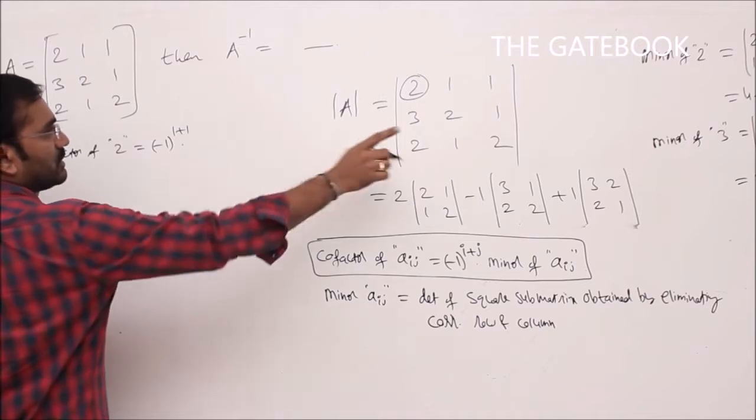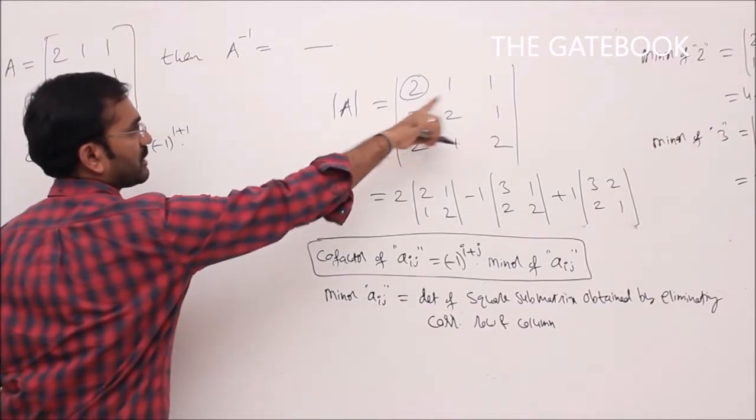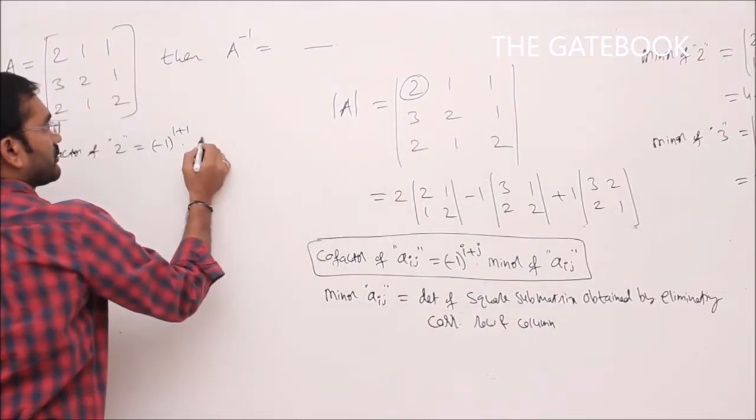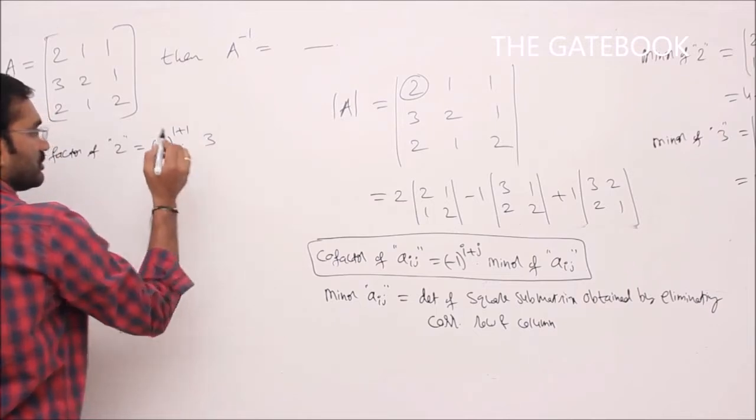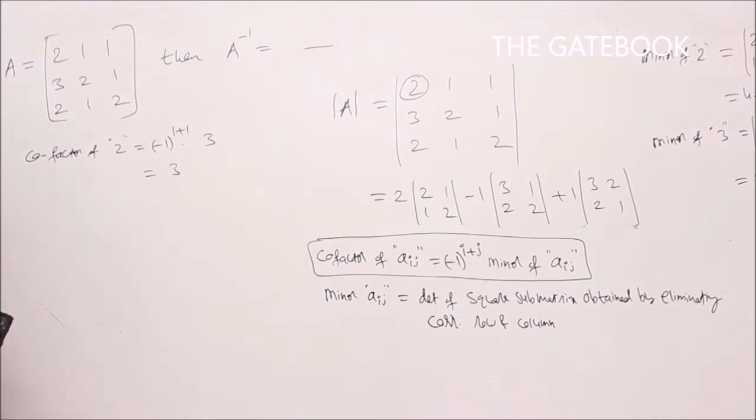We found that the minor of this first element 2 is 3. So the cofactor of 2 is 3.